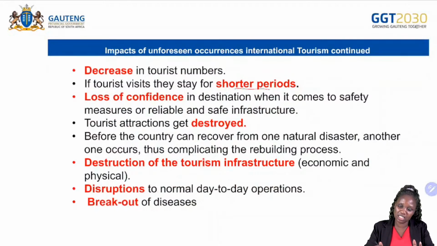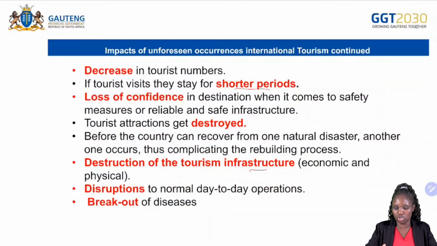It can be physical, for example, if the tourist destination's infrastructure has been destroyed. But there is also economic destruction of tourism infrastructure, because now we're talking about money. We need money to repair the roads, the bridges, the hotels. That's why we are saying both physical and economic.